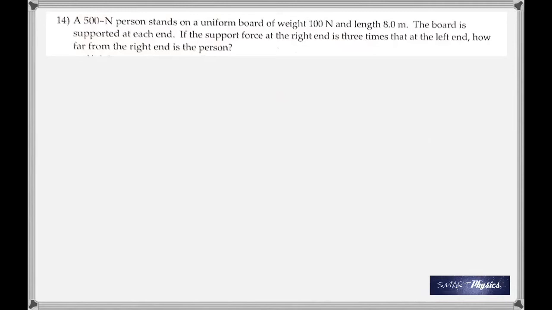In this case, we have to use both the conditions for equilibrium. Number 1, the total upward force should be equal to the total downward force. Number 2, if you take the torques about a particular point, the total clockwise should be equal to the total counterclockwise. Now let's get a diagram first.